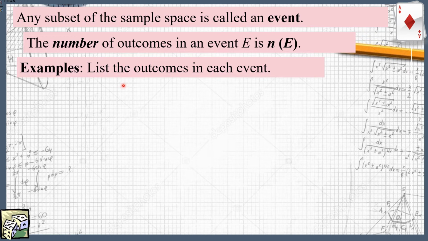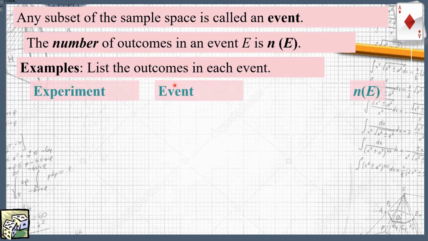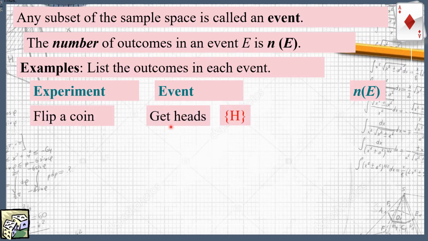So this time, let's try to list the outcomes in each event. So first, meron tayong experiment na flipping a coin. Ang event na kailangan natin is get a head. So in a coin, isang beses lang tayo pwedeng makakuha ng head. It means ang cardinality ng ating event is 1.